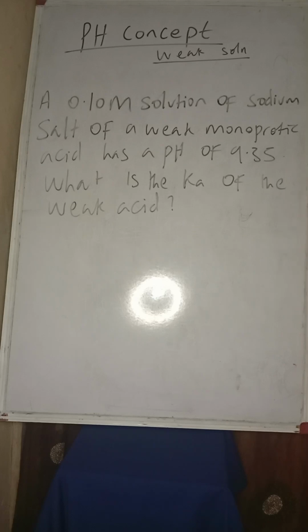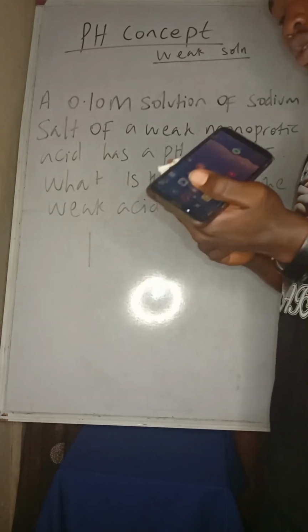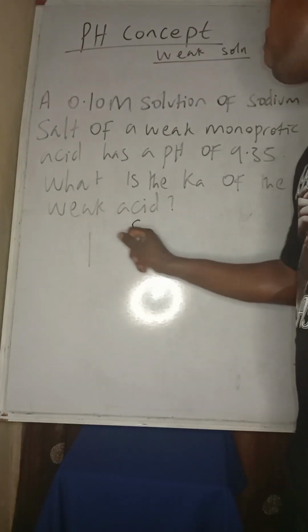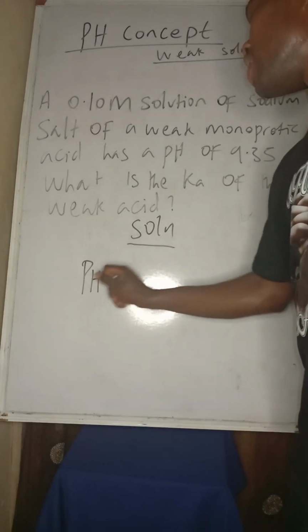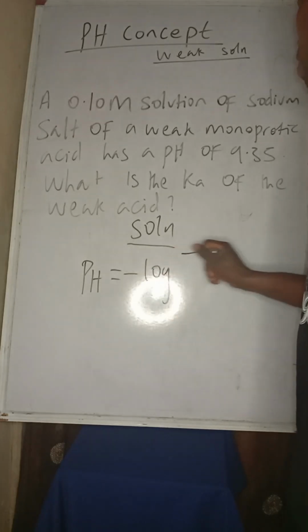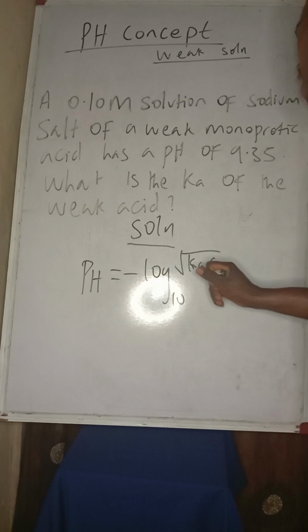I know some of us will just try to attempt this question from what I've taught in this lesson. You try to attempt it by saying pH is equal to minus log of the square root of KaC to base 10, and you try to look for this Ka. Hello, sir, you are going to be wrong.